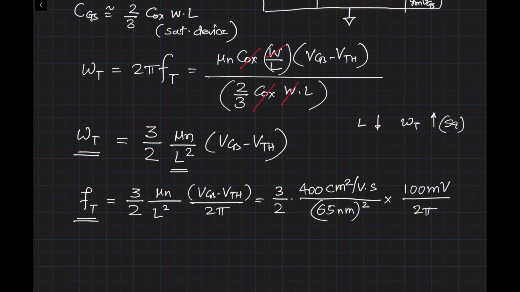If you take care of all the units, you will see that this Ft value comes out to be 226 gigahertz. So we can use the 65 nanometer technology. Beyond 226 gigahertz, the transistor will not be worthwhile, but below 226 gigahertz it will work fairly well. We don't try to operate close to 226 gigahertz, but we should be able to operate this transistor at 100 gigahertz or lower.